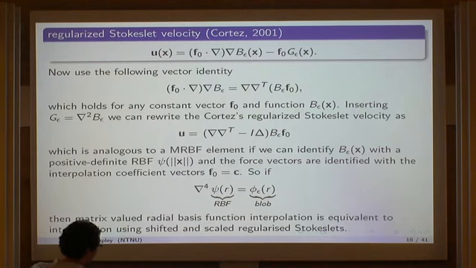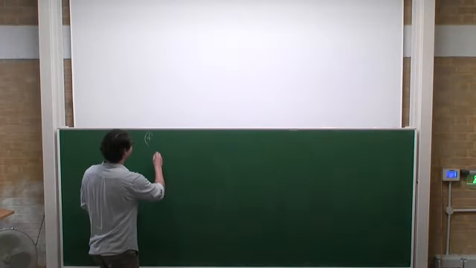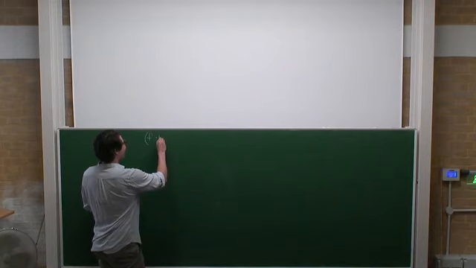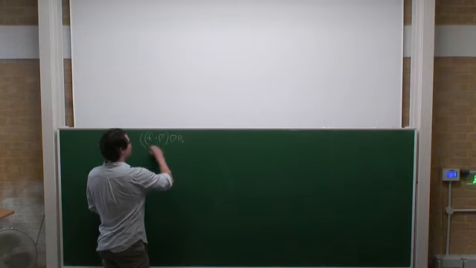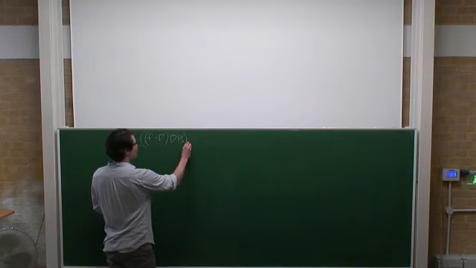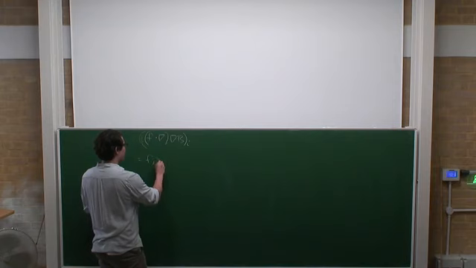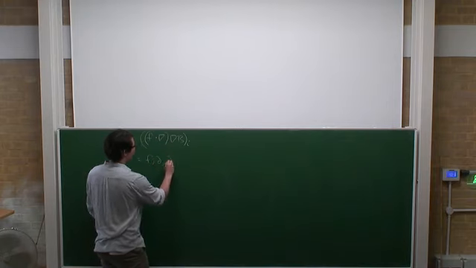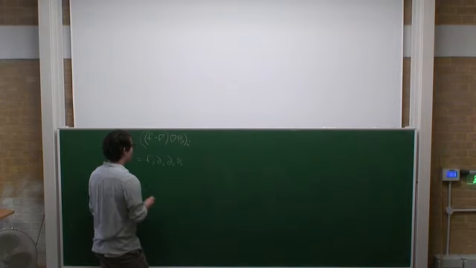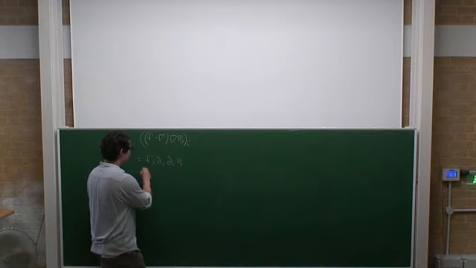Basically, if you just write f dot grad b, and take the ith component of this, that's equal to the sum over the j's of f_j times the ith component of grad b. And then this is a constant vector, so we can just move it into here.